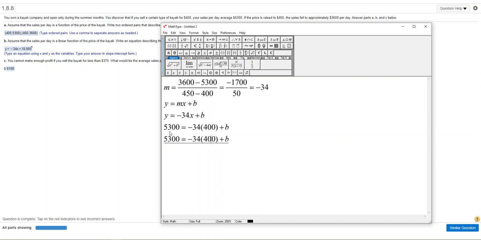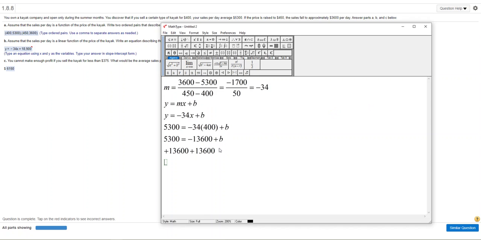But 400 times negative 34 gives me negative 13,600. Okay, so then I would try to get rid of the negative 13,600 by adding 13,600 to both sides to solve for b, right? We're trying to isolate our b value to figure out what the b value is.